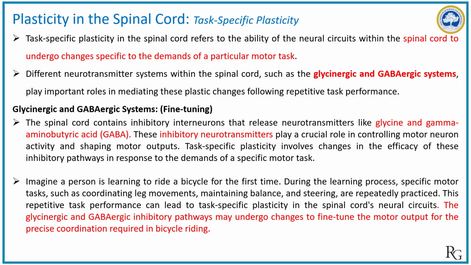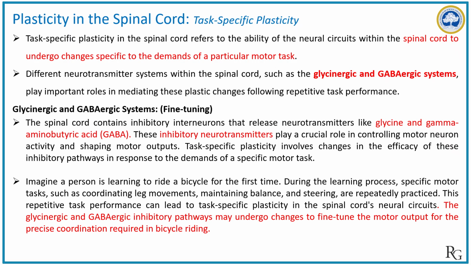At first, your movements are uncoordinated. You struggle to balance, steer, and pedal at the same time. But with repetitive practice, the spinal cord adjusts. The inhibitory pathways become fine-tuned so that unnecessary muscle activations are suppressed and the right set of muscles work together to form smoother coordinated activity. Task-specific plasticity in the spinal cord is like an internal adjustment system.